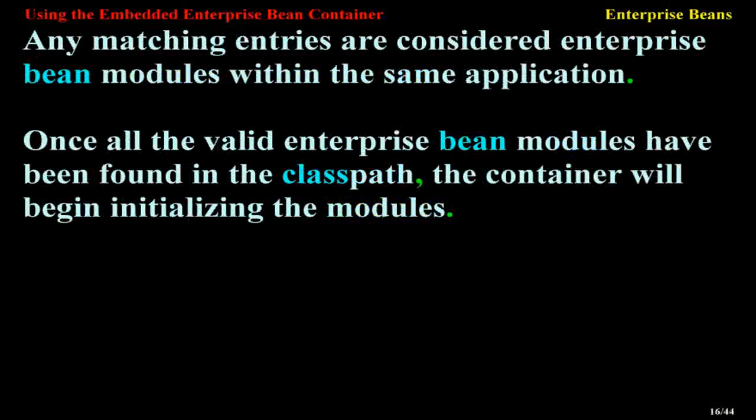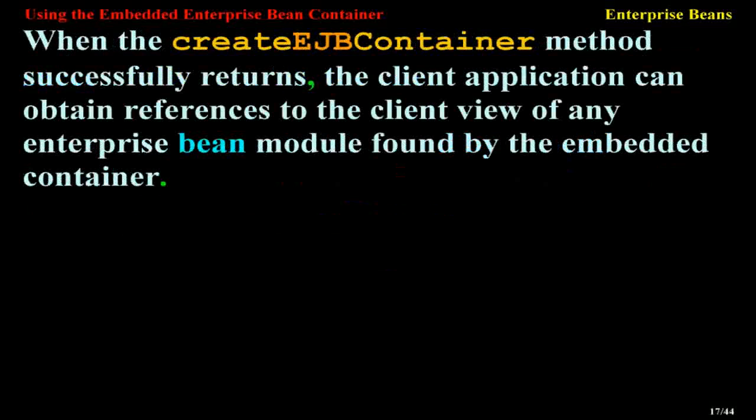Any matching entries are considered Enterprise Bean modules within the same application. Once all the valid Enterprise Bean modules have been found in the class path, the container will begin initializing the modules. When the createEJBContainer method successfully returns, the client application can obtain references to the client view of any Enterprise Bean module found by the embedded container.